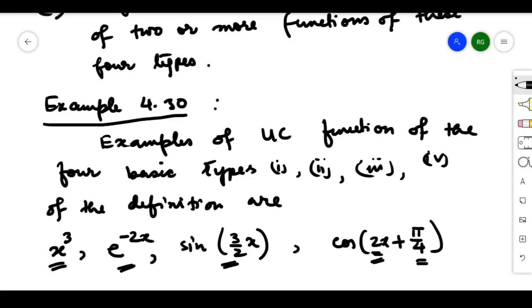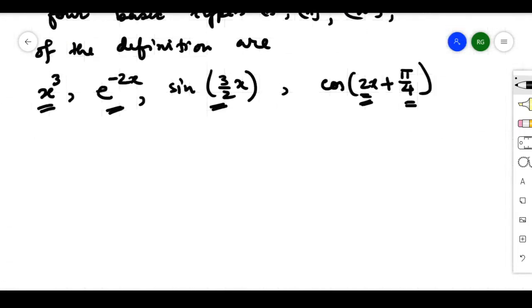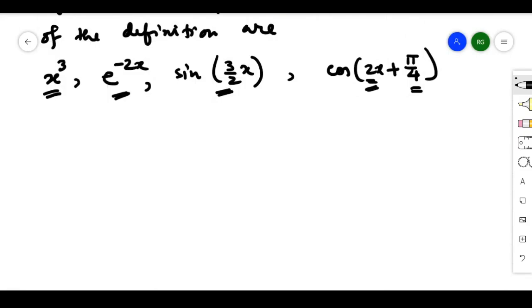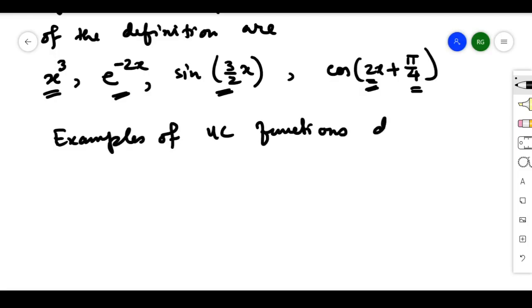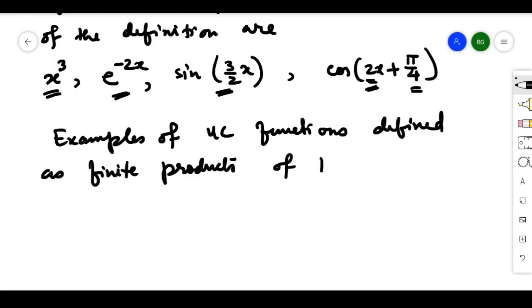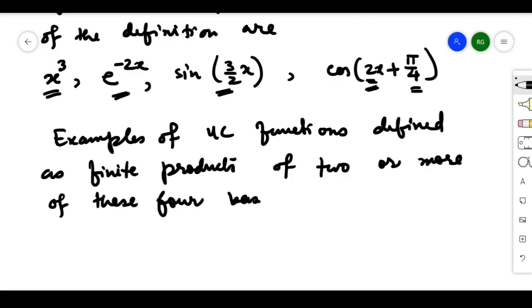Then consider another example, which is actually a finite product of UC functions of type 1, 2, 3, 4. So let us consider examples of UC functions defined as finite products of two or more of these four basic types. Say x square e power 3x.